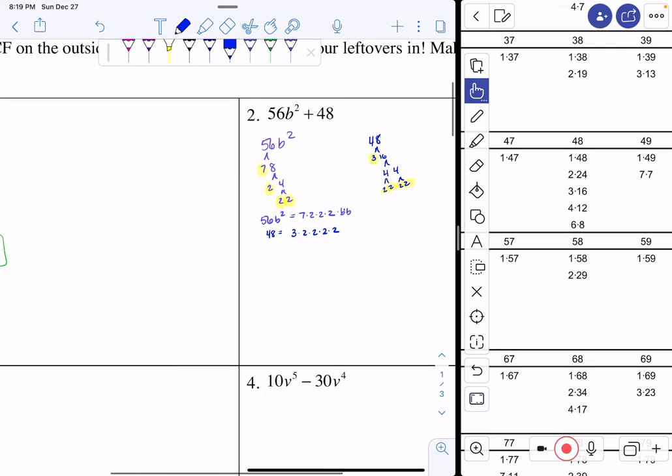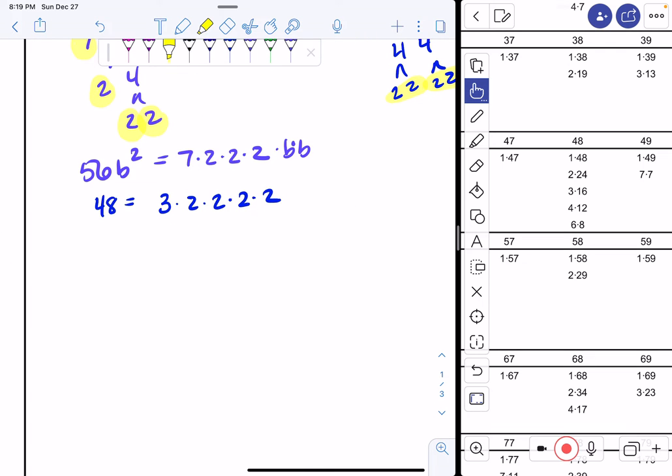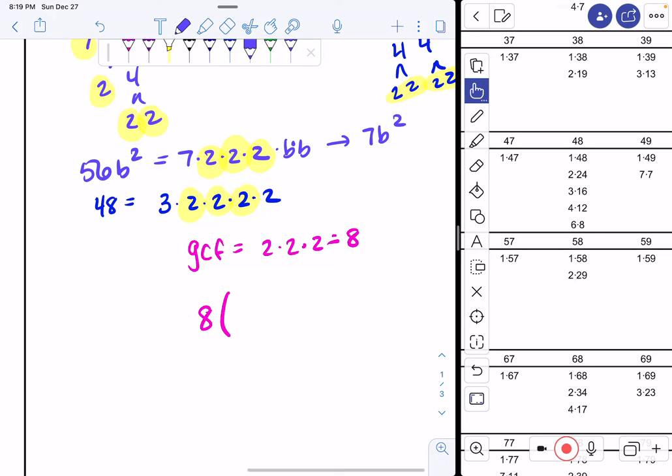Now our next step, highlight what's in common. Well, if I look, they have a 2, another 2, and another 2. So my GCF is going to be 2 times 2 times 2, which is 8. So I have 8, and now my leftovers: if you look, my leftover here is a 7b squared because I have a 7 and 2 b's.